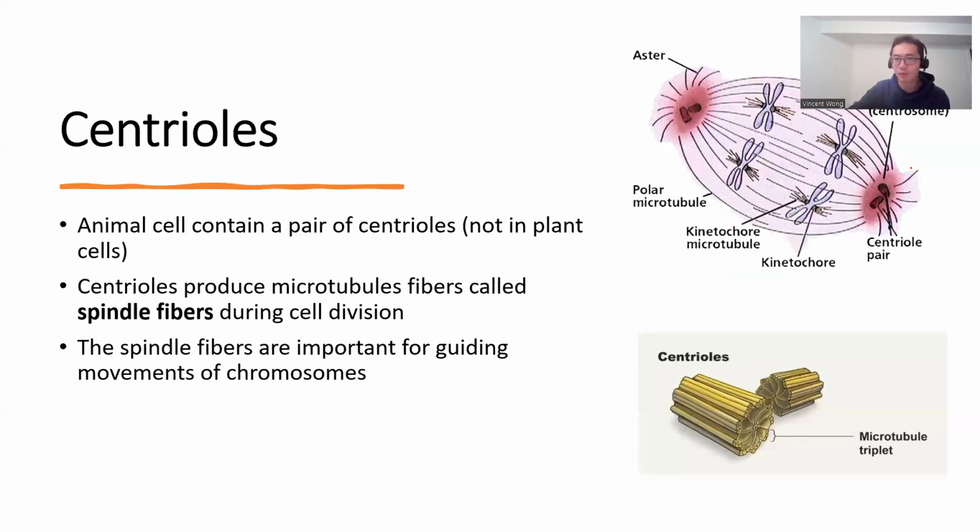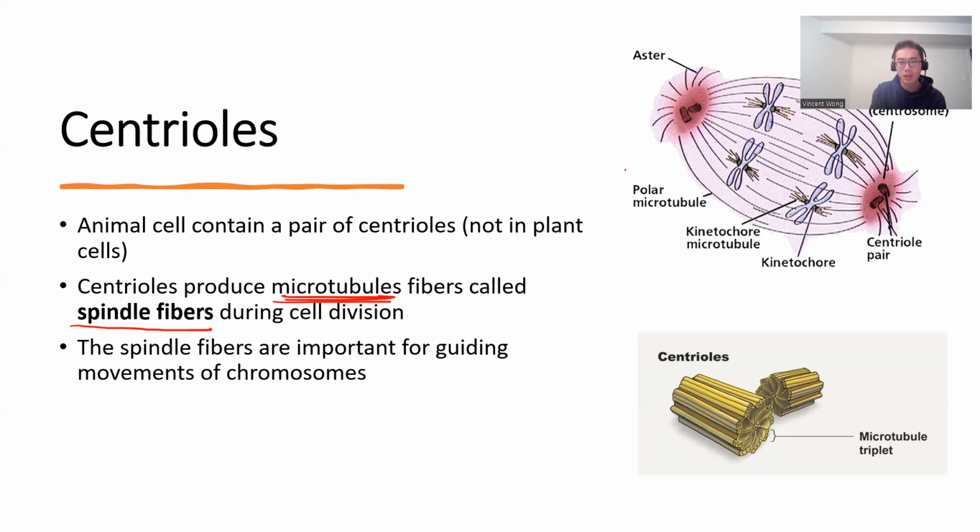Okay, just I think 2 more slides, and then we are good to go. Centrioles. This is important for animal cells. It's not found in plant cells. The centrioles make microtubules. They make a special kind of microtubules called spindle fibers.